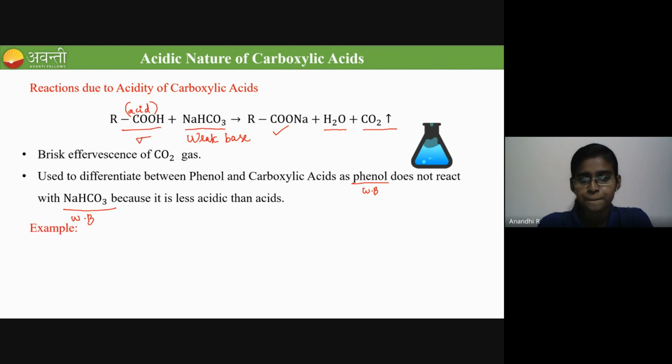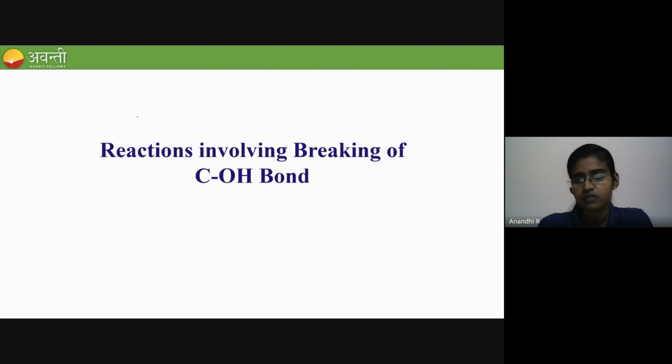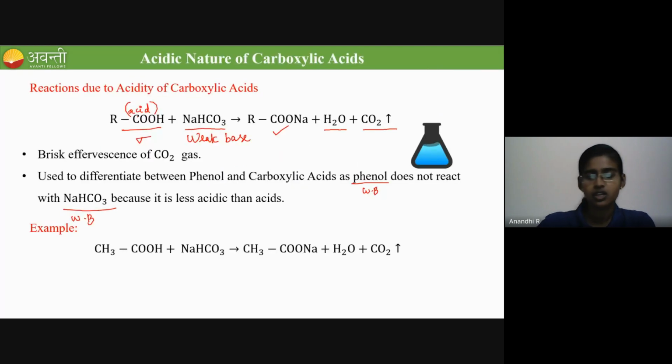Okay. So there is an example given here for this reaction where ethanoic acid is taken as the reactant and it is treated with sodium bicarbonate and it forms the sodium salt of ethanoic acid with the evolution of carbon dioxide and H2O. So these three are the reactions under the acidic nature of carboxylic acid.